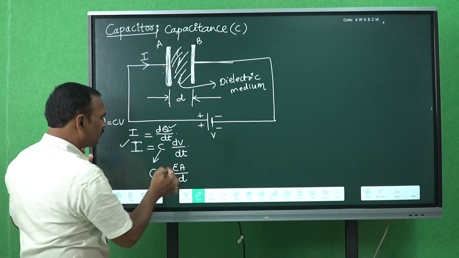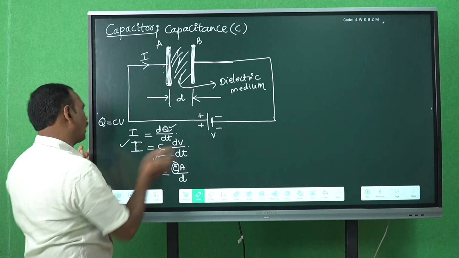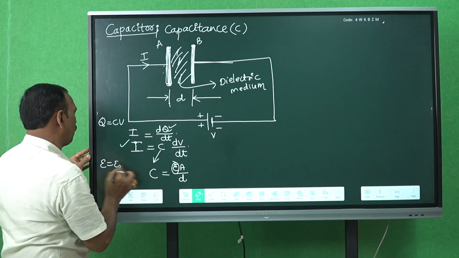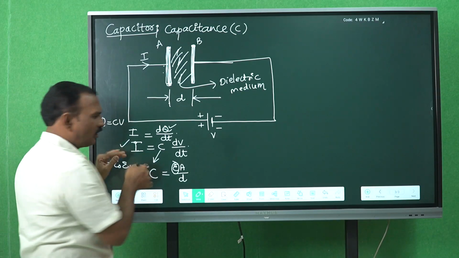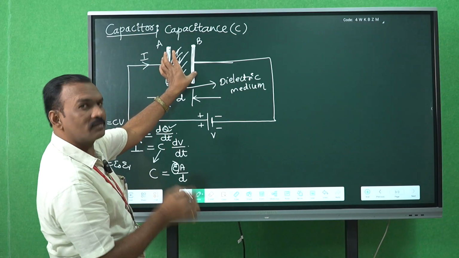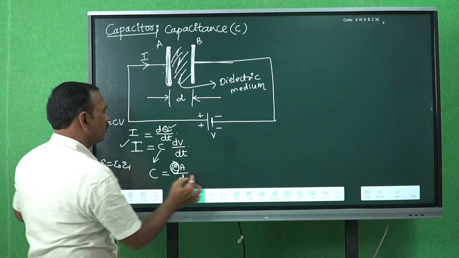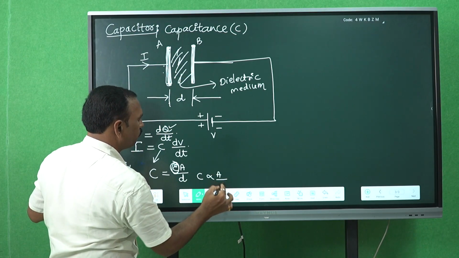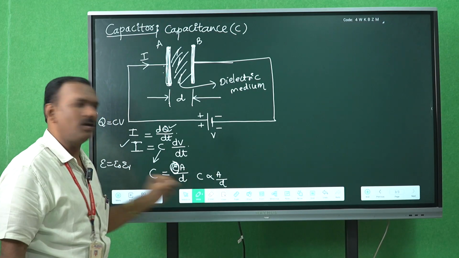Since the material is constant, epsilon is constant. Epsilon equals epsilon naught into epsilon r, but that is another matter. Then C is proportional to A by D.